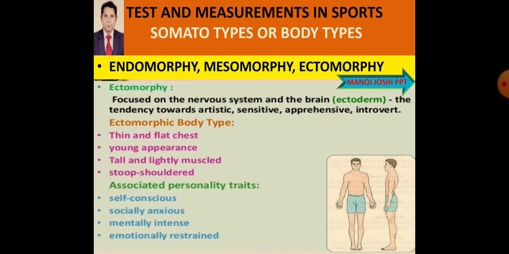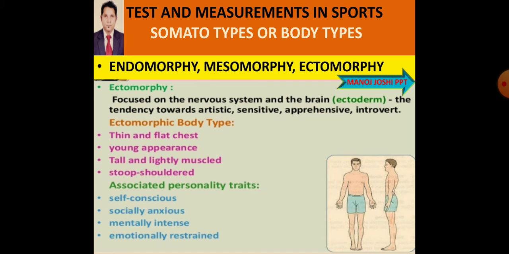The tendency is towards being artistic, sensitive, apprehensive and introvert. These people are very sensitive, that's why they are artistic, they love art, apprehensive and introvert.